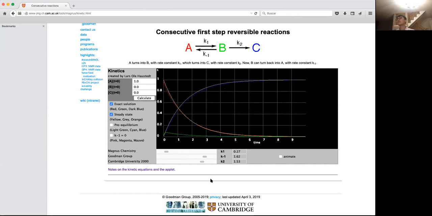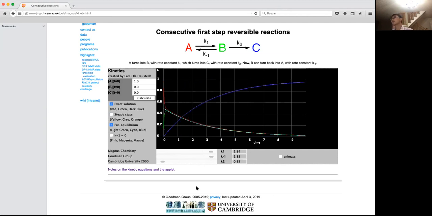You will see the steady state approximation gives a really good fit. If you apply the pre-equilibrium approximation at this moment, obviously it doesn't work. We need a fast equilibrium for the first step and a slow second step, and then you will see they fit pretty well. So I think this simulation gives you a good idea about the criteria for applying the SSA and the PEA.